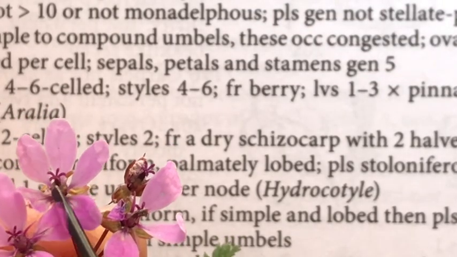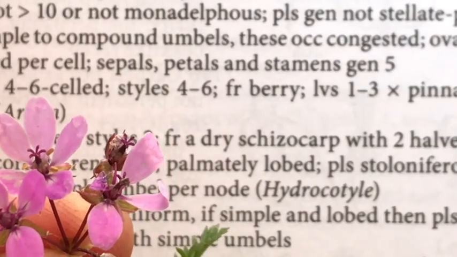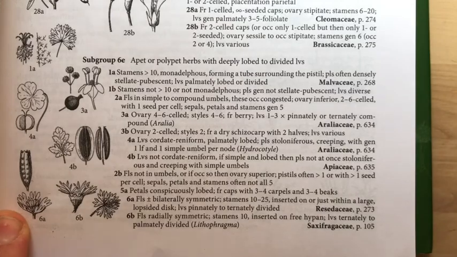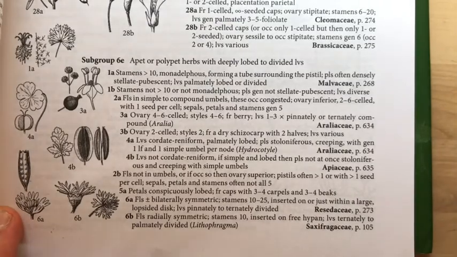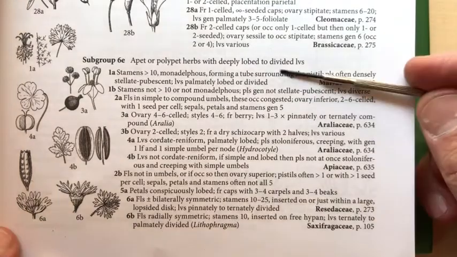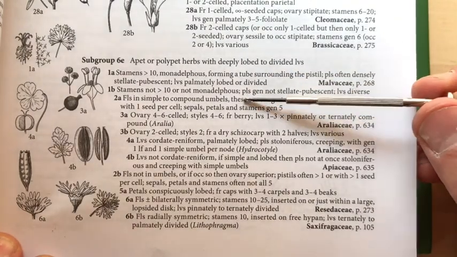And here in this back one, you can see it a little more clearly. That would be the Malvaceae, the mallows, and that's not what we're looking at here. Stamens not greater than 10, not monadelphous.